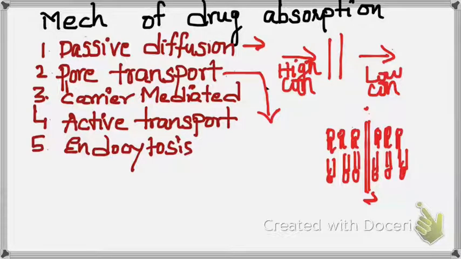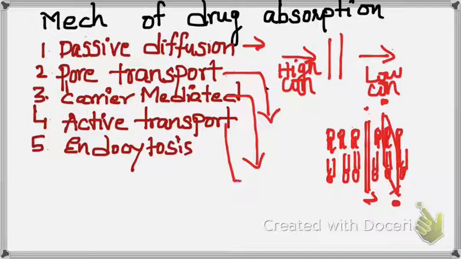In carrier mediated diffusion or transport, the movement of molecules occurs with the help of a carrier protein across the membrane. So the carrier protein takes the drug from one side of the membrane to the other side.